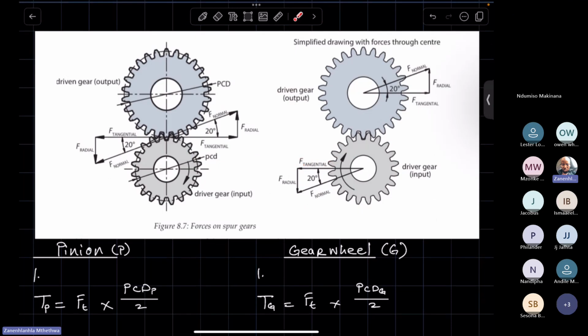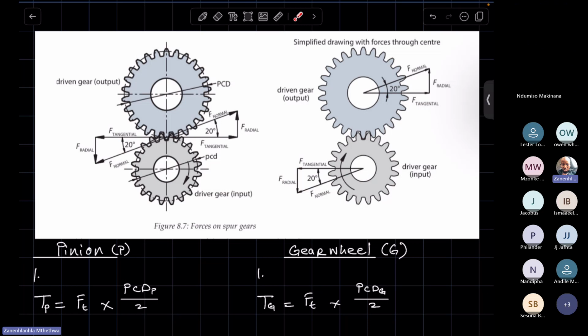So first you get a tangential force. Tangential force is the force that is applied essentially for there to be any kind of motion, or for motion to be initiated, for meshing gears. You get the tangential force, because it acts tangent to the gears.